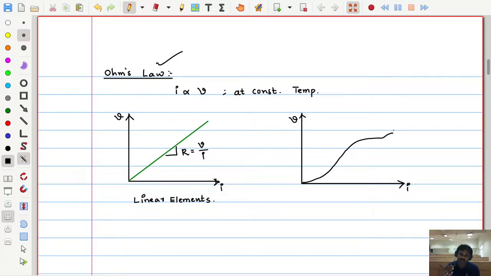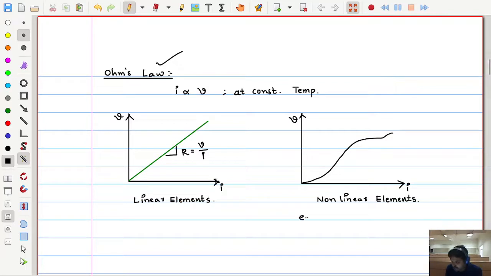Sometimes higher, sometimes lower. So some uneven kind of behavior takes place, and we call that non-linear elements. So you can conclude that the elements which obey Ohm's law are called linear elements, where the voltage-current characteristics look like a straight line. The elements which do not obey Ohm's law are called non-linear elements.